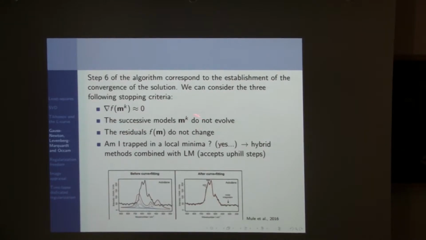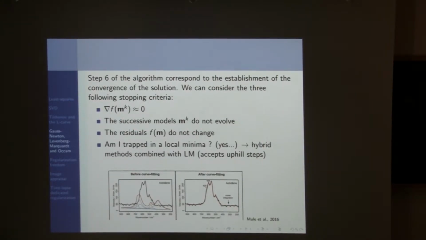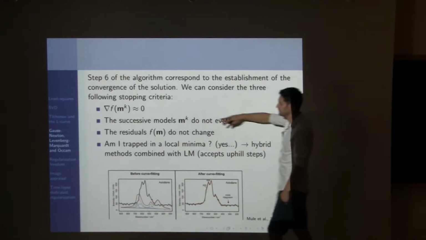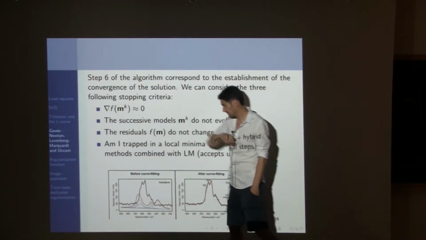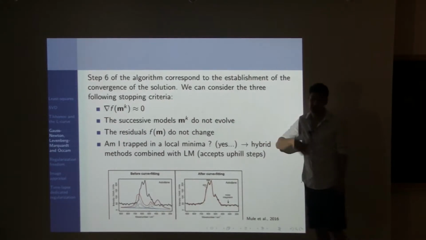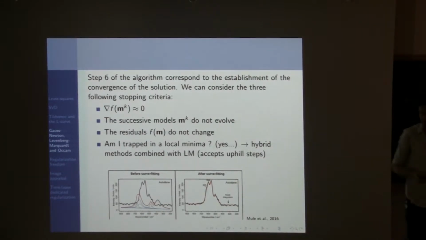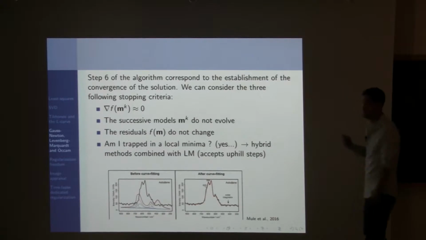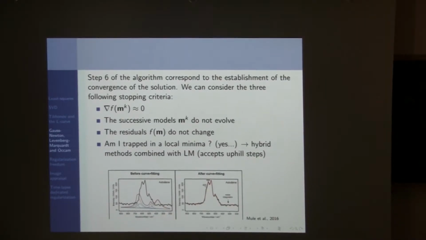There are different ways of saying that you're satisfied with the iterative procedure: either you're close to the minimum, so delta f equals 0, or you don't have any improvement in the successive models or in the residual. It would be likely with those methods that you'd be trapped in local minima. If you don't want that, you need to use global search methods to account for the full uncertainty of the problem.